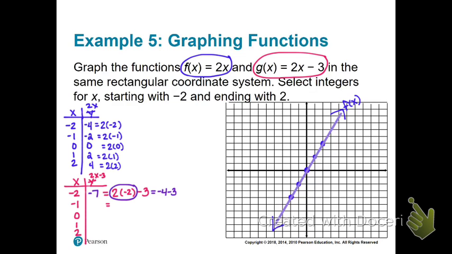Then for my second one, it's still 2x minus 3. We're going to plug in the -1. What's 2 times -1? And then minus 3, which is? And we're going to keep going here.